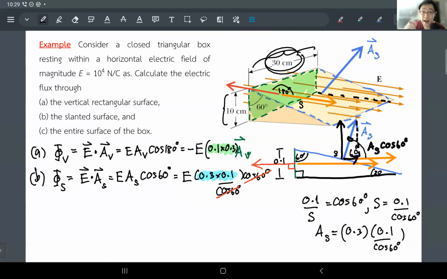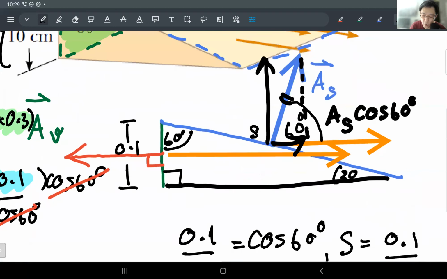Okay. My question is this. If you only care about this component here, just focus on this guy, the one that I put like a big black arrow over here. Just this component alone. What do you think about the actual area that is associated with this arrow right here?